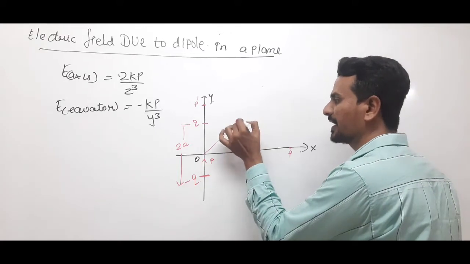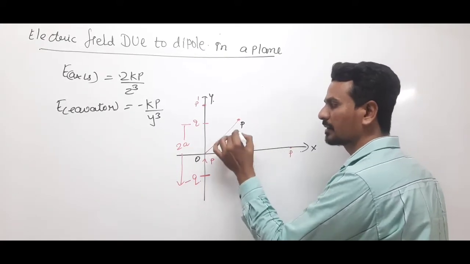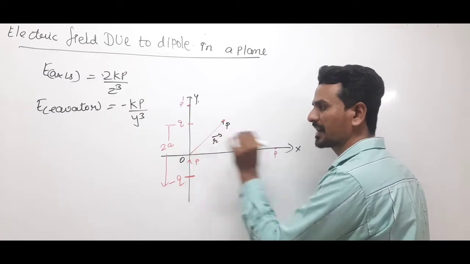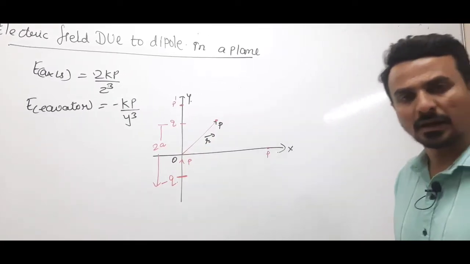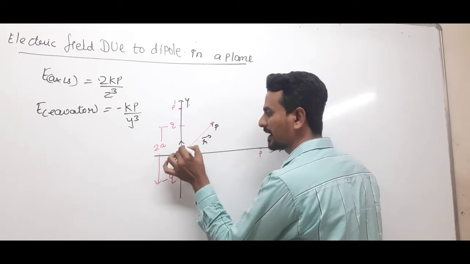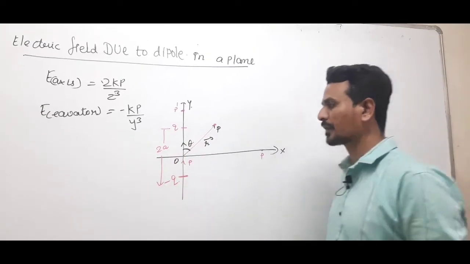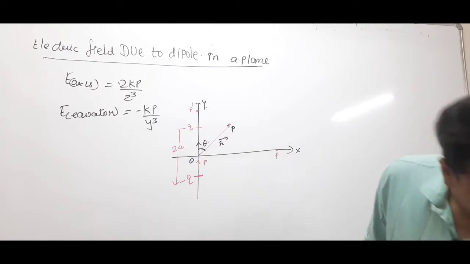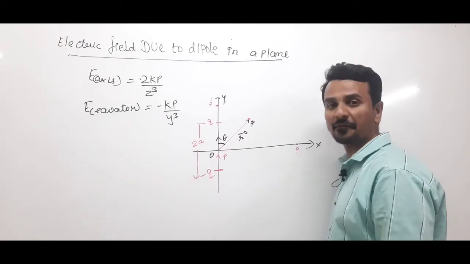So now the point P is in the xy plane. Let r be the position vector. This is the dipole moment p, and let the angle be theta. Now we will have two components of electric field.